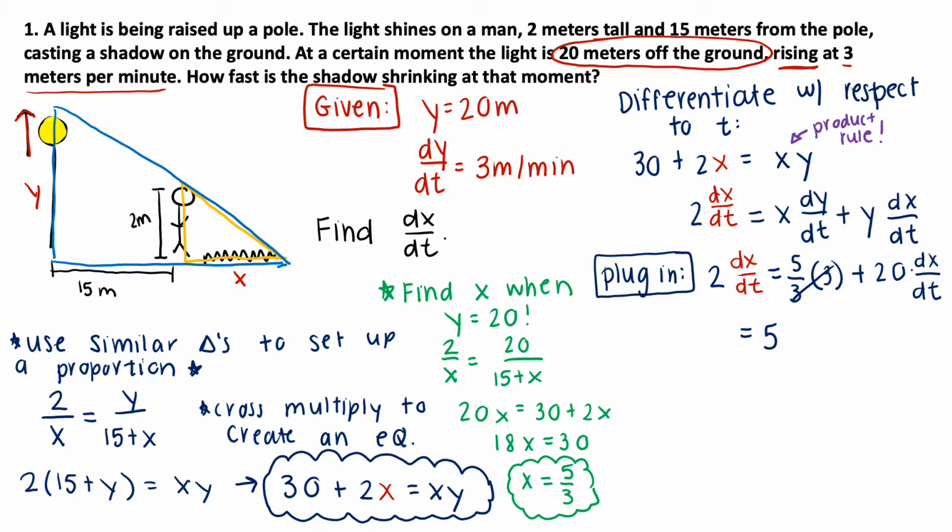So now when we plug in, we have 2, and we don't know what dx dt is, so we're going to leave that. Equals 5 plus 20 dx dt.